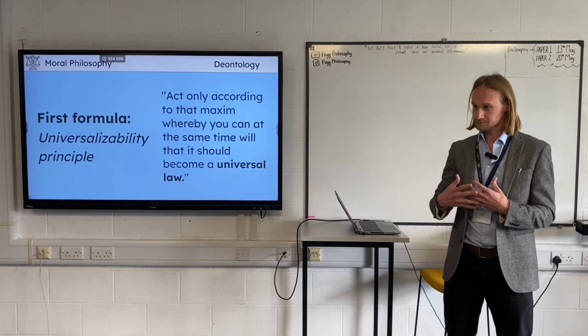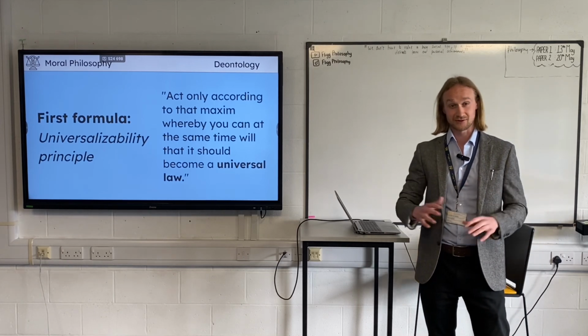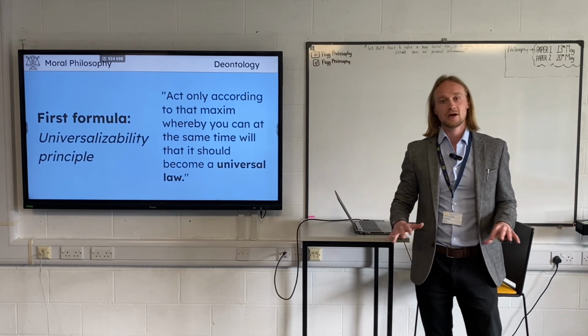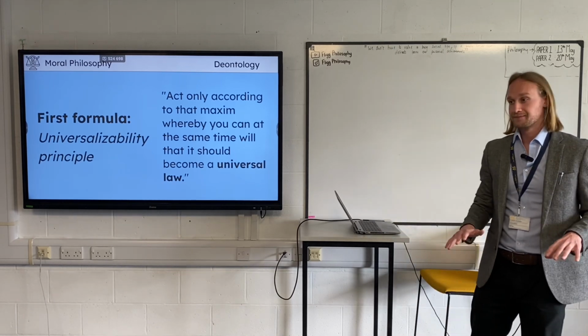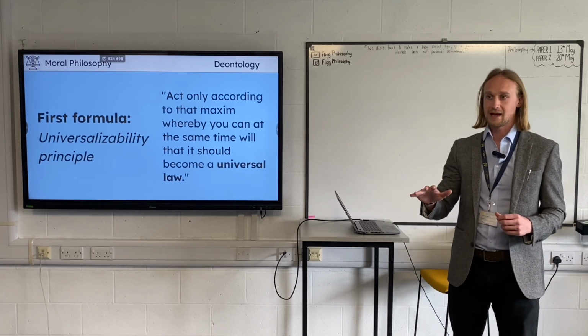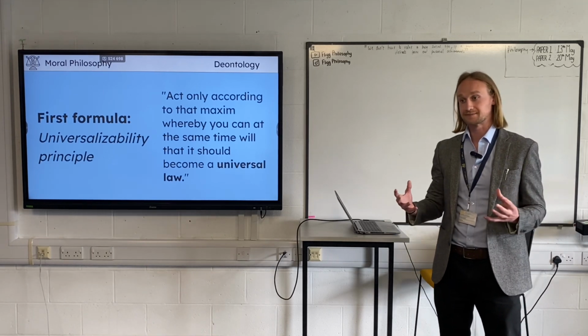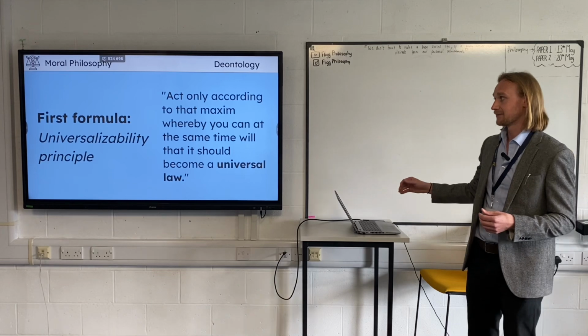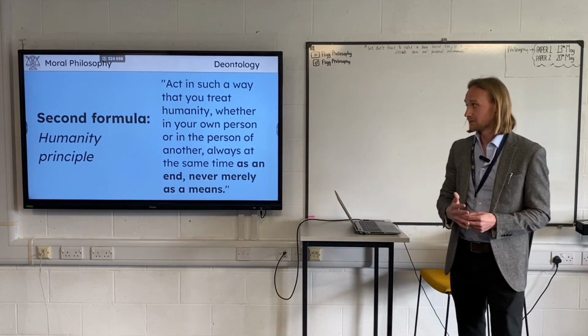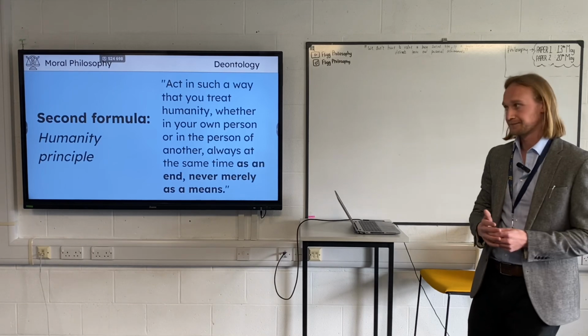What that means is that any categorical imperative, because it has to apply universally to everyone, has to be able to be applied without contradiction. If you apply a universal law and it brings about a contradiction, then it can't be a categorical imperative. The second formula is called the humanity principle.